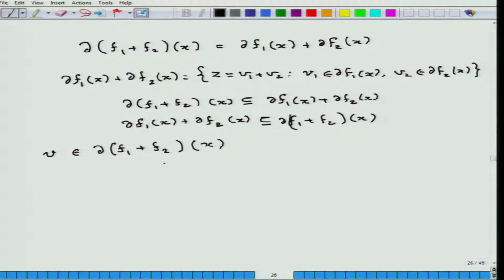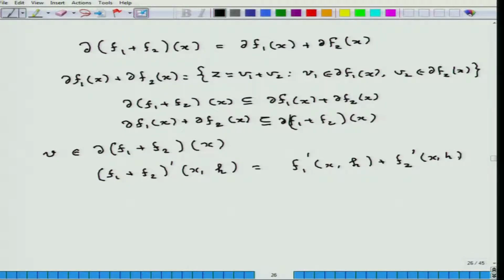The better idea would be to use this fact: if I take the directional derivative at x of f1 plus f2 in any direction h, then this is nothing but the sum of the directional derivatives, a simple calculation which you can easily do.